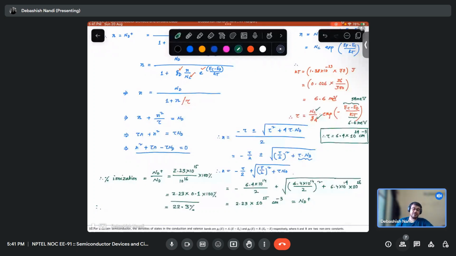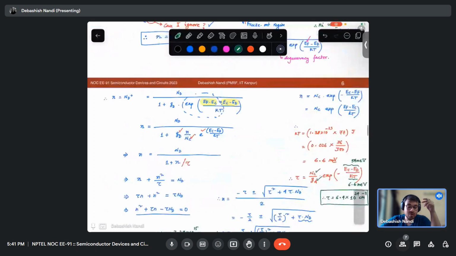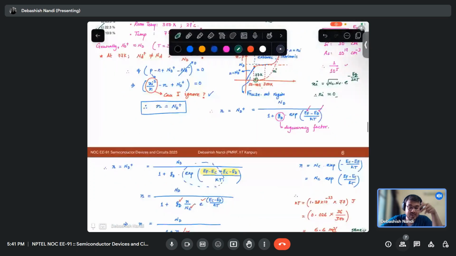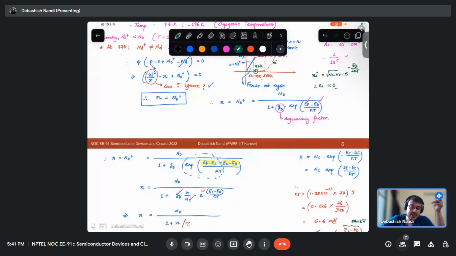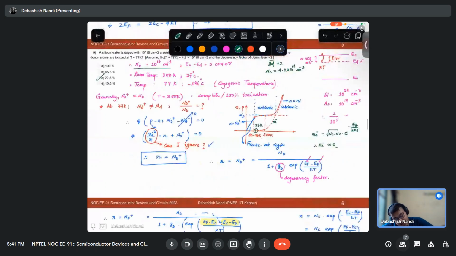So you see the difference. When we go from 300 Kelvin to 77K, the percentage ionization changes from almost 100% to 22.3%. Earlier we saw that 100% ionization is there at T equals 300K.